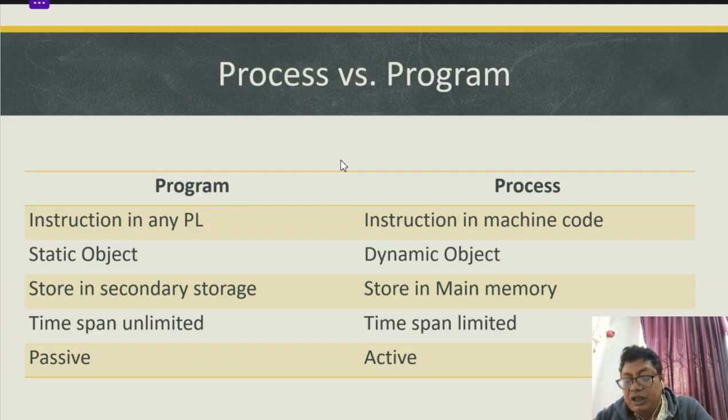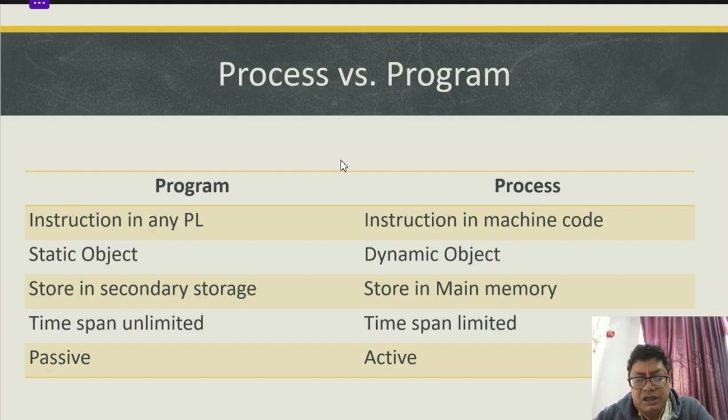In the hard disk. If it is saved in the hard disk, then it is a static object. You can save it for a long time. But I told you at the time of the definition that one instance is present in the main memory. If you switch off your computer, then what happens? The memory loses everything because memory is volatile. So it is a dynamic object.